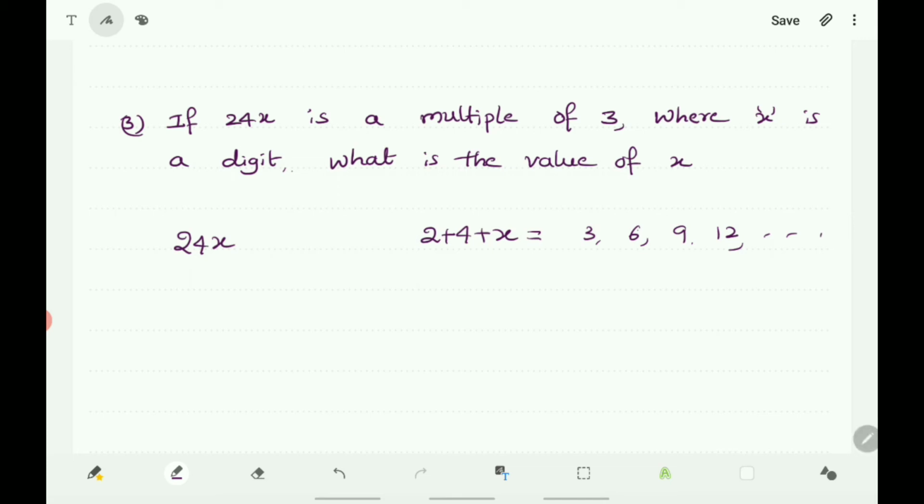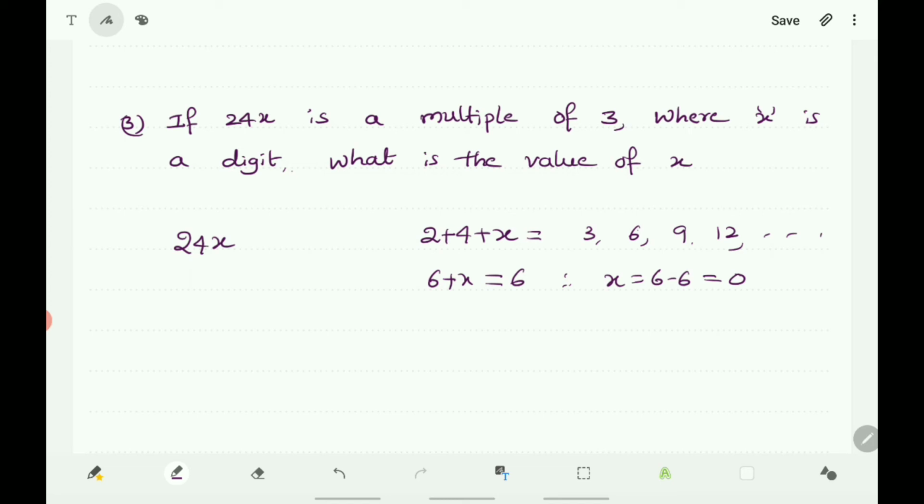If you want to have the sum 3, here already the sum of 2 plus 4 is 6. 6 plus x is not possible to make equal to 3, but you can make it equal to 6. Then x equals 6 minus 6, that is 0. The value of x is 0 to get 6.